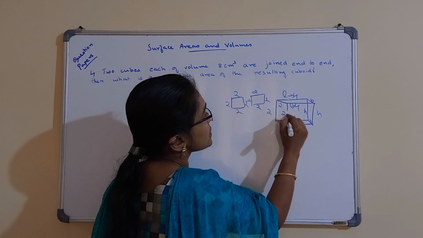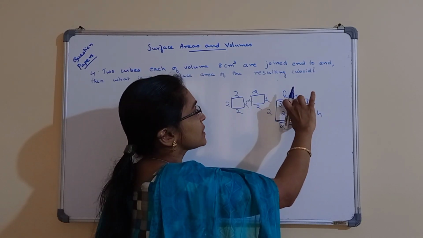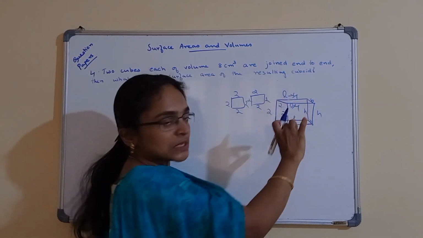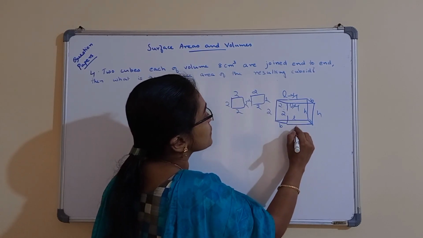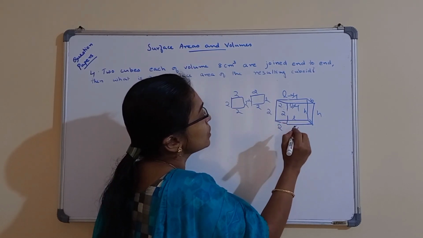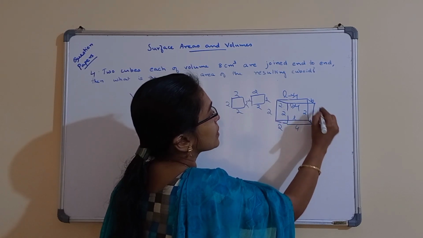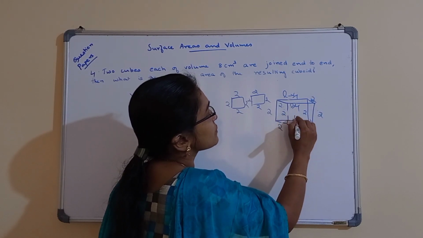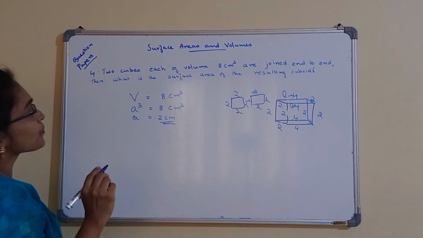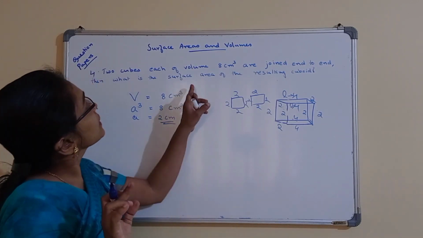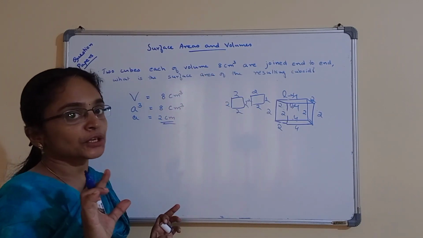H will be 2 because these two cubes are joined together. So this will be 4, this will be 2 and this is 2. B is 2 and L is 4. Okay, now what is the surface area of the resulting cuboid?